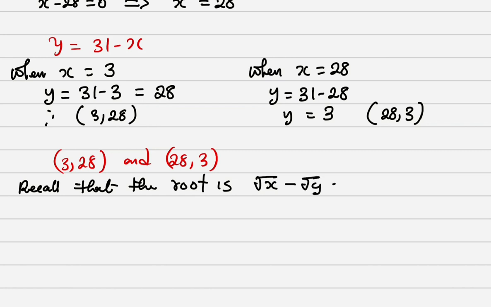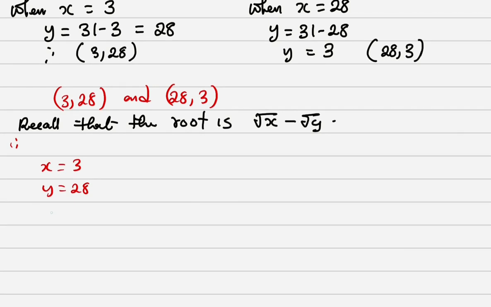Okay, so if I pick the first scenario, which says x is equal to 3 and y is equal to 28, then the root will be root of 3 minus root of 28.